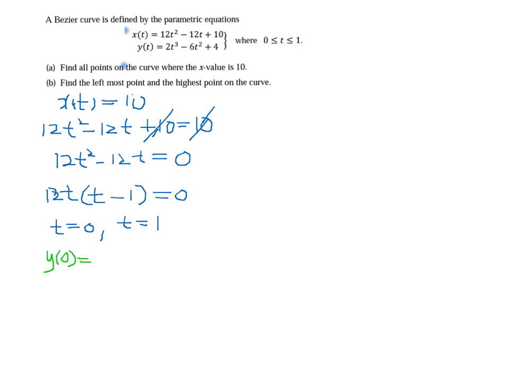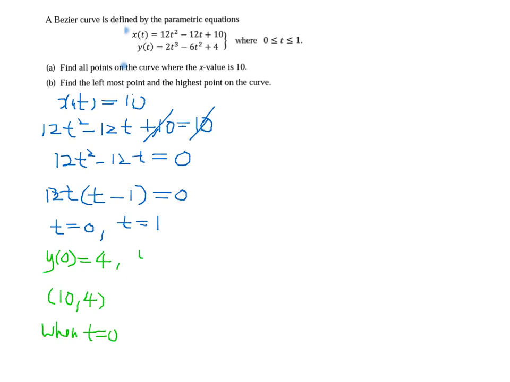If you calculate this, you should get 4. So one of the points is 10, because x is actually 10, and then 4. This is when t is 0.